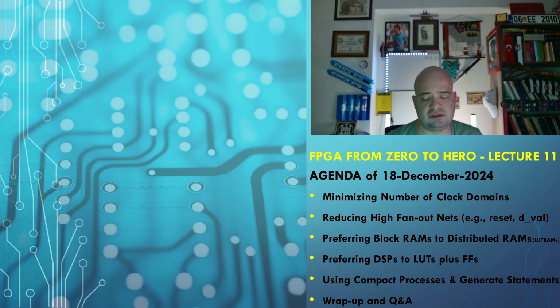And the last one for today will be using compact processes, those process statements in VHDL, and benefiting from generate statements. Also, I added a few remarks regarding for loops as well.